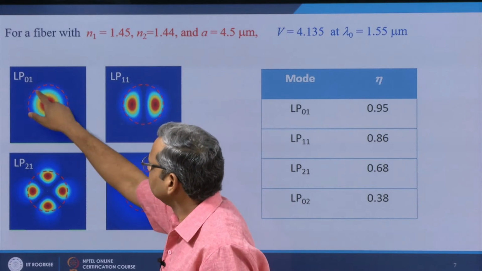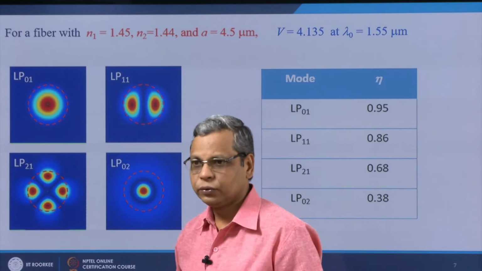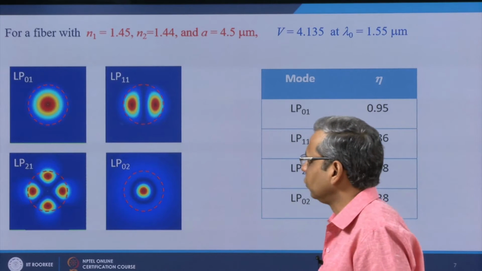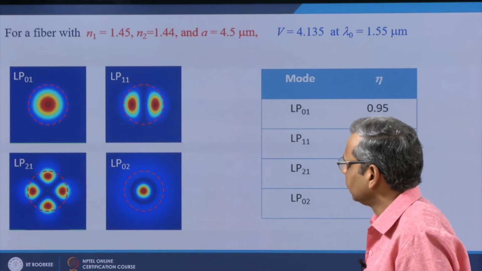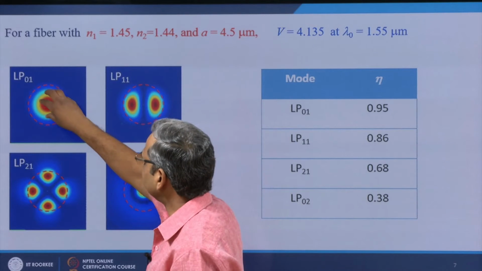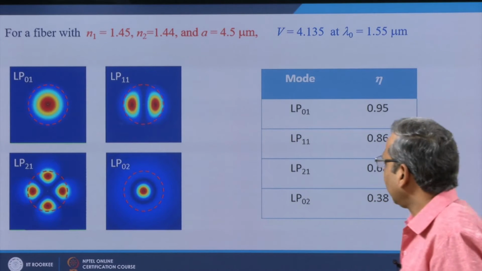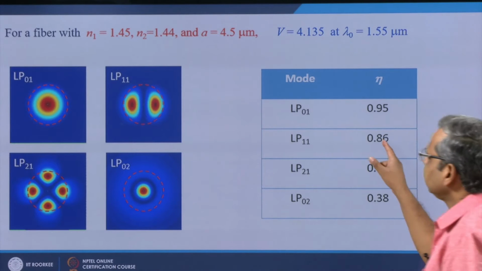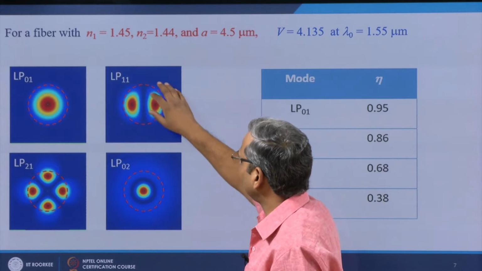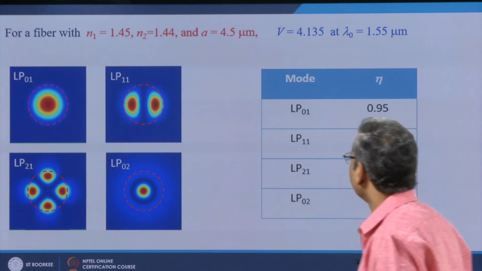This dashed line corresponds to the core cladding interface. So, most of the power is inside the core. For LP11 mode, about 86% power is in the core and 14% goes out.